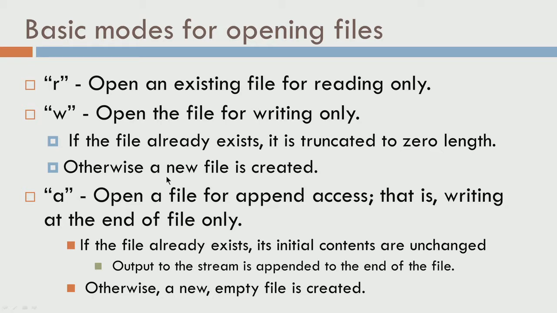So, if it is a new file, and since you are writing, it will automatically create a new file with the name that you have suggested. a stands for append. Append means add at the end, and as the name indicates, it is useful for writing only at the end of the file. Clearly this is similar to write, it has some similarity with write. If the file already exists, the initial contents are unchanged.